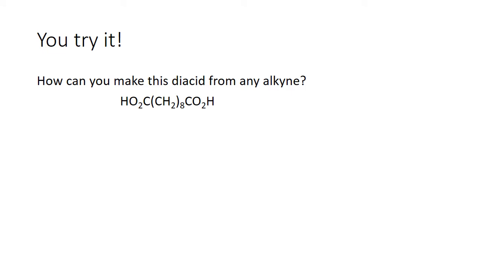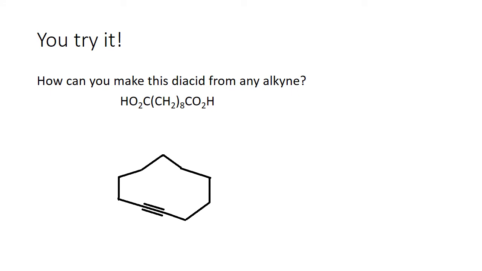So how can you make this diacid from any alkyne? Well, right off the bat, do you notice there's a carboxylic acid here and a carboxylic acid here? Well, 2 acid functional groups can come from an alkyne. What if you connect those 2 carbons? If you connect those 2 carbons, it could come from this alkyne right here.